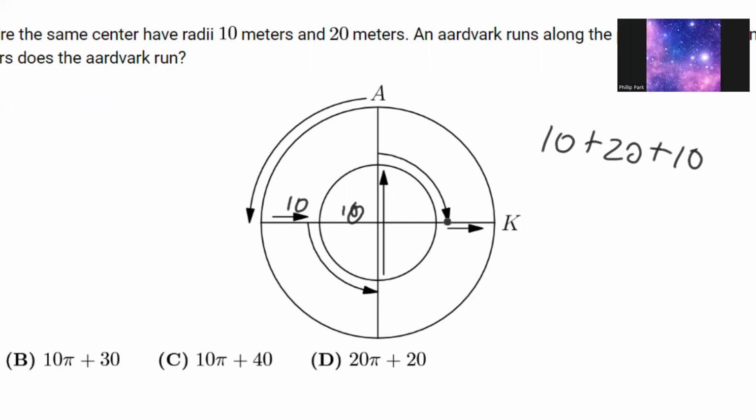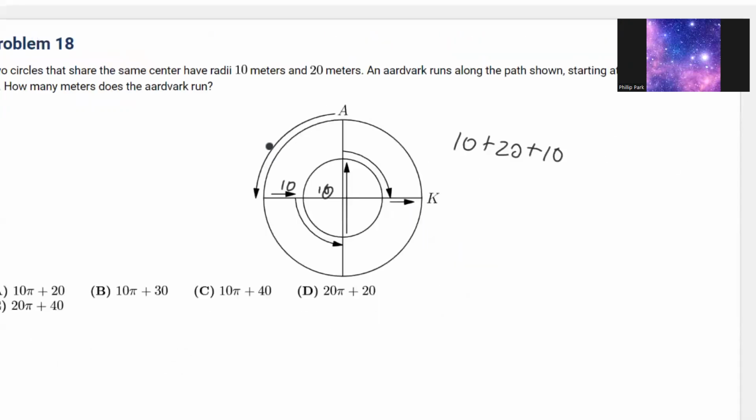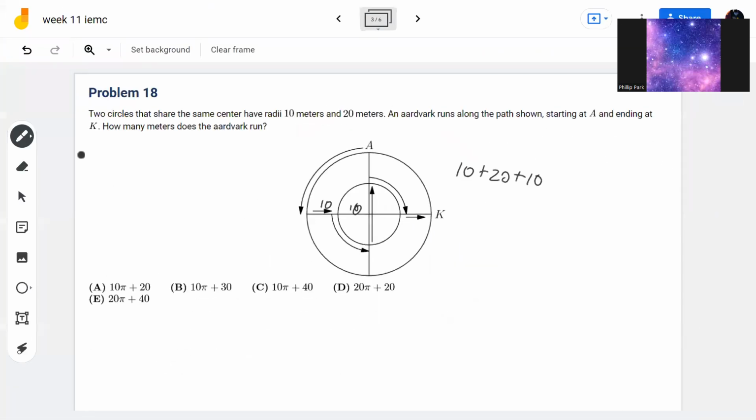Now, the seemingly tricky part is finding the curved ones, but all you have to do is find the circumference and then divide it by 4. The circumference is 2 pi r, where r is the radius. First let's start with the big one.